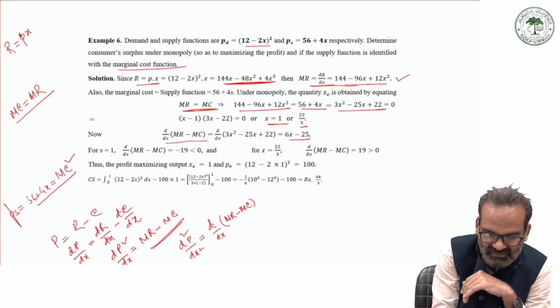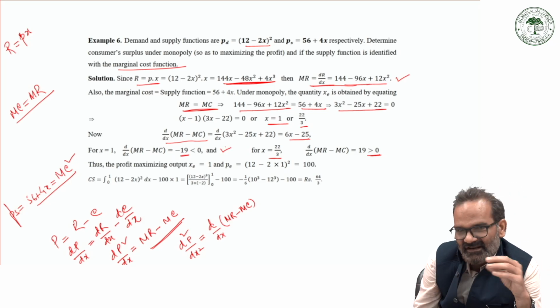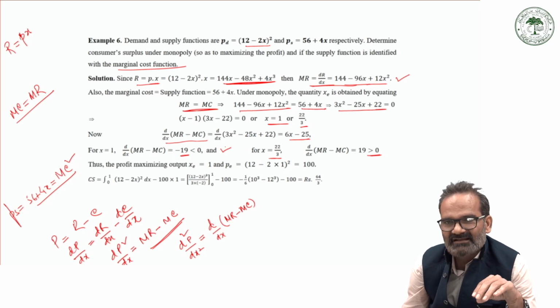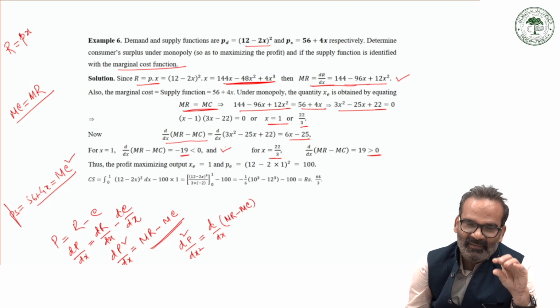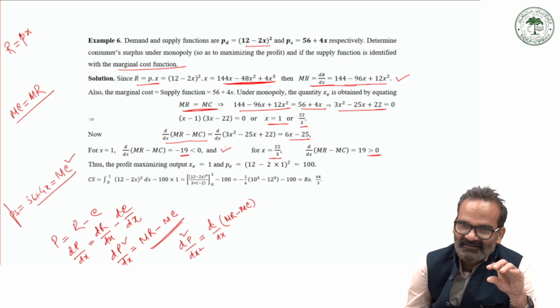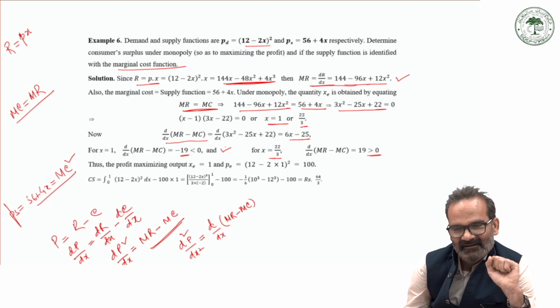Now put x is equal to 1 in this, it is coming out to be negative. For x is equal to 22 by 3, it is coming out to be positive. So x is equal to 1 is giving you the second derivative as negative, and this is the basic condition for maximization.